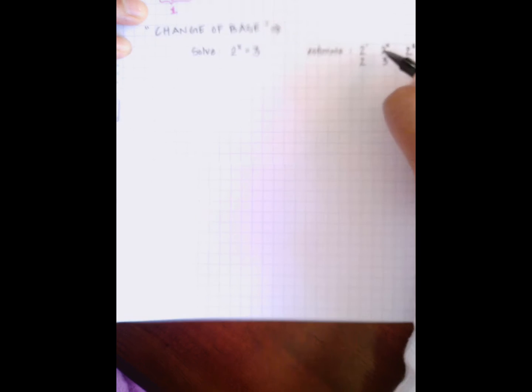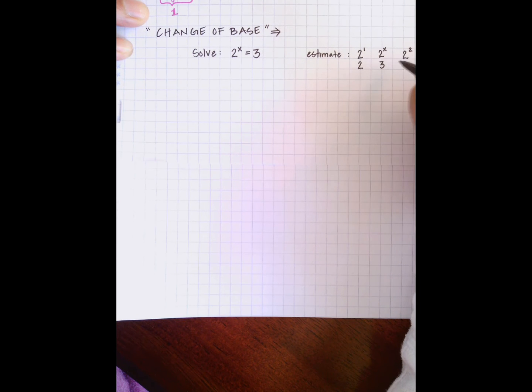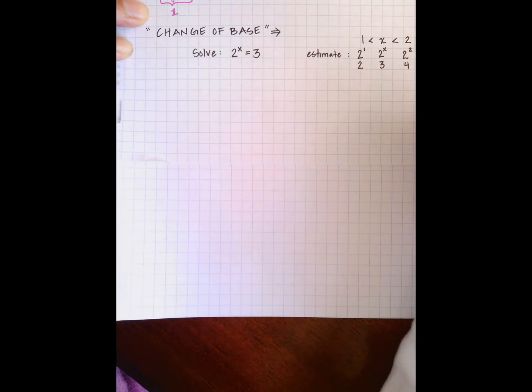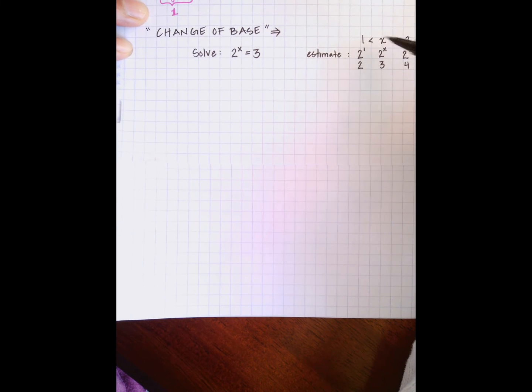So I know my value of my exponent is going to be somewhere in between 1 and 2. So it is greater than 1 but less than 2. I have that concept because I know what 2 to the first power is, and so my exponent is somewhere in between.